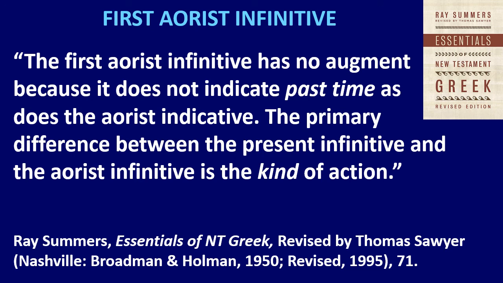And I'll expand on that in just a moment. But aspect is indicated whether we're dealing with a verb or a participle or an infinitive. Aspect is always the inherent feature of those parts of speech. Whereas kind of action, what we would call Aktionsart, is always determined by context or by the nature of the particular verb itself, something that we call lexis.